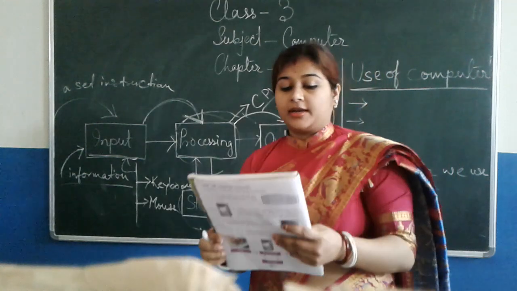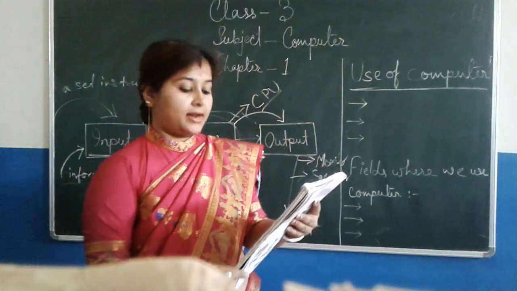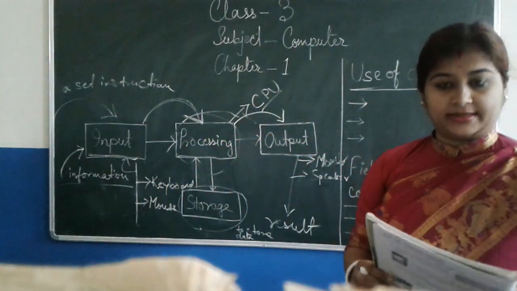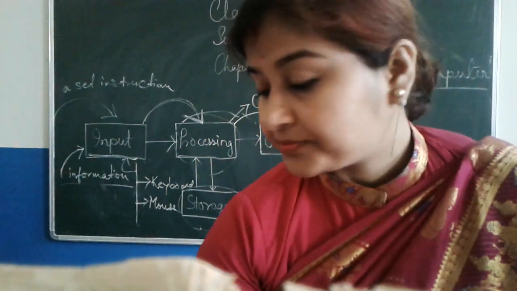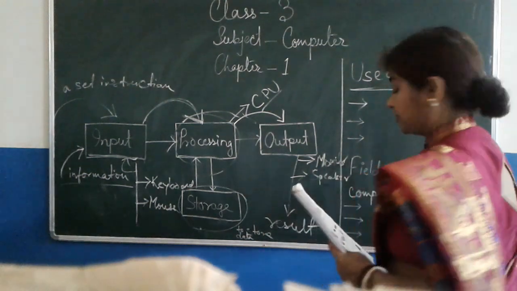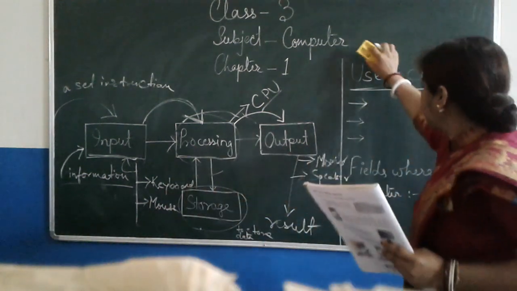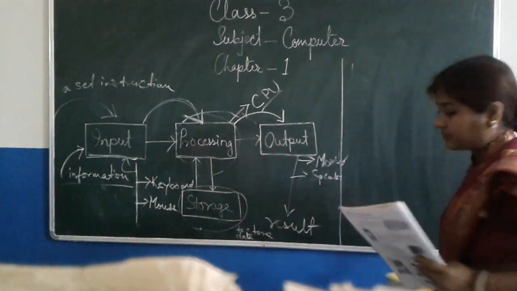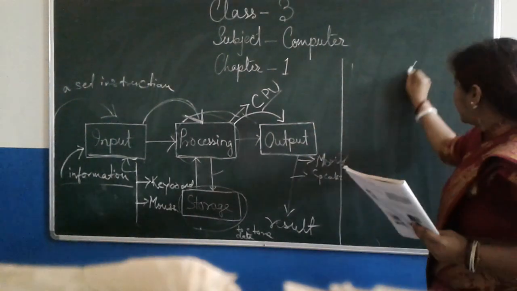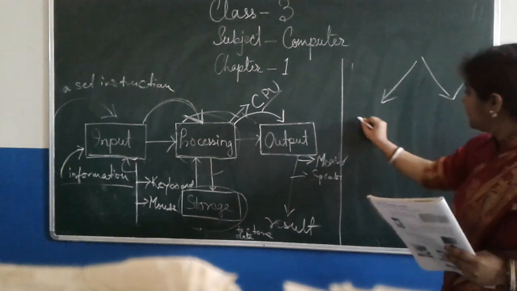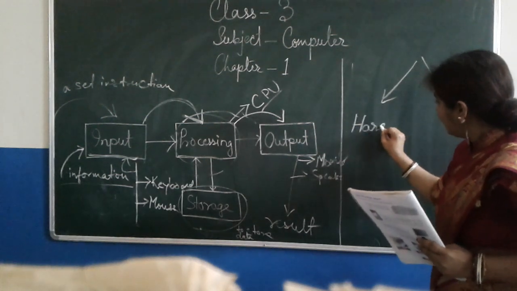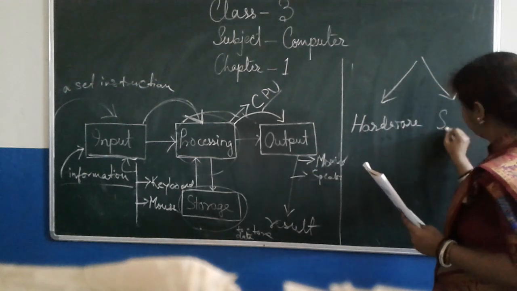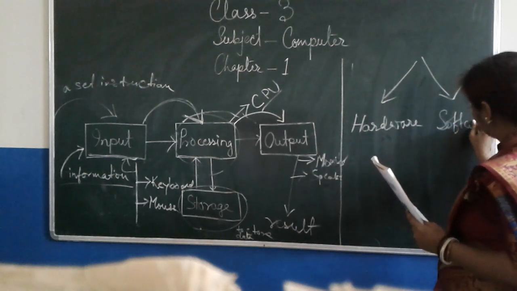Turn the page. Next topic is hardware and software. A computer has two basic parts. One is hardware and another is software.